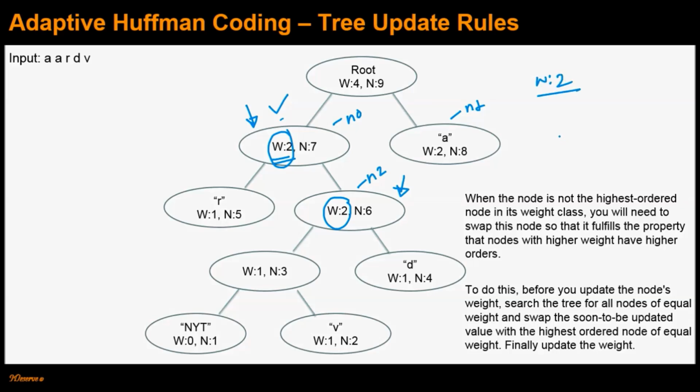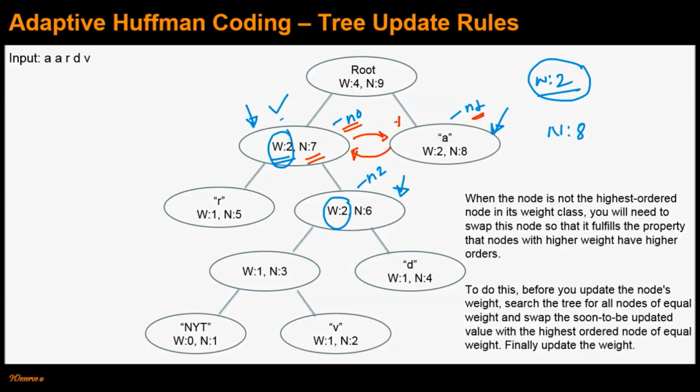Now we choose the node with the highest order in this particular weight class. That node would be node n1 which has got order of 8, which is the highest order in this particular weight class. Now to maintain the sibling property, we again need to swap n0 with n1. So we need to swap this node and this node while keeping the n same at that particular position.